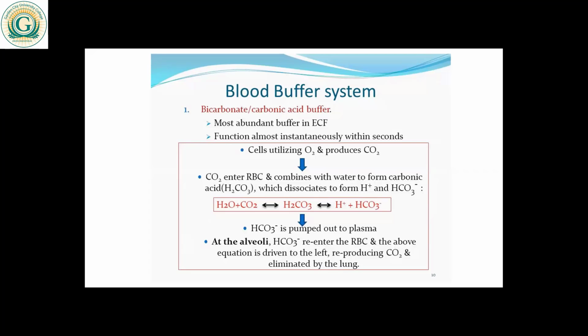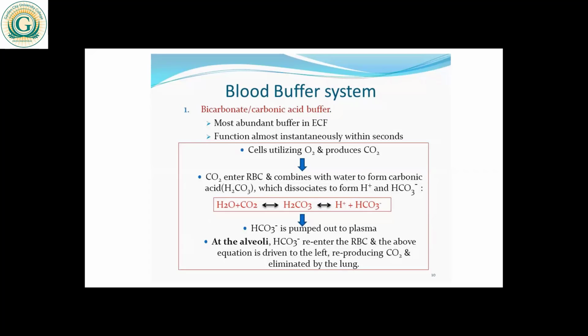The normal pH of the blood is slightly alkaline, 7.35 to 7.45. We have the bicarbonate or carbonic acid buffer, and this is abundant in the ECF. Here, the ECF is the blood. And it functions almost instantaneously, within seconds.